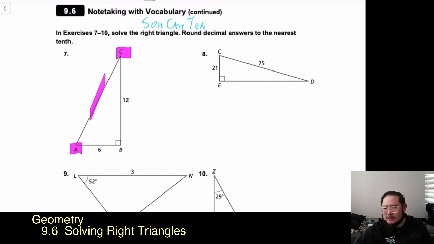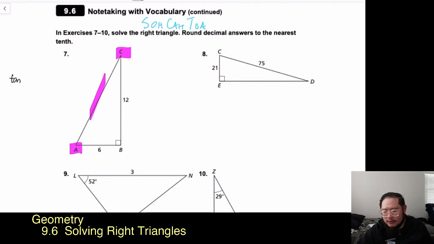Okay, 12 would be opposite, 6 would be adjacent. So that one right there would be tangent. So let's go ahead and put tangent of A is equal to the opposite over adjacent.